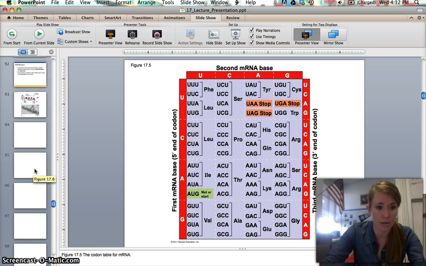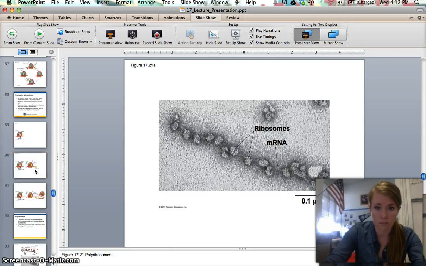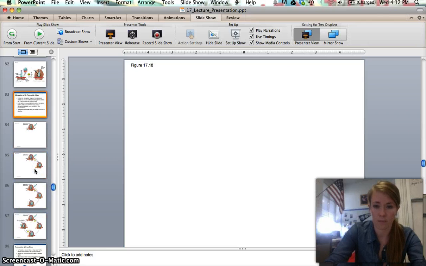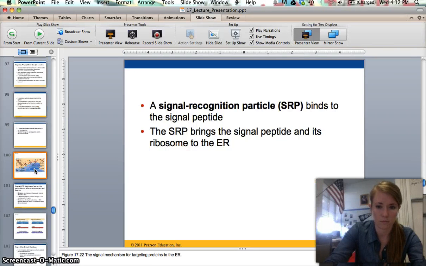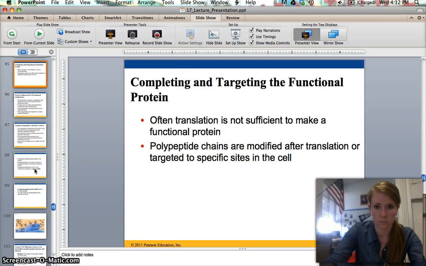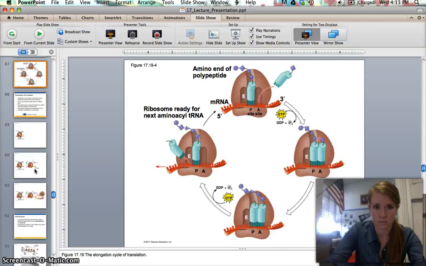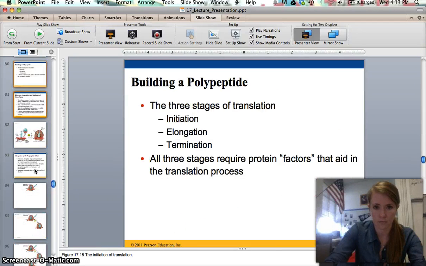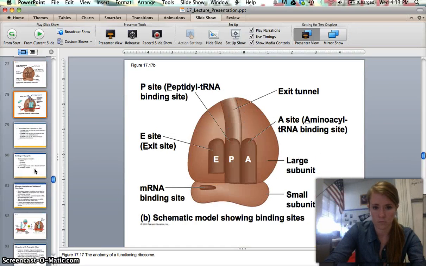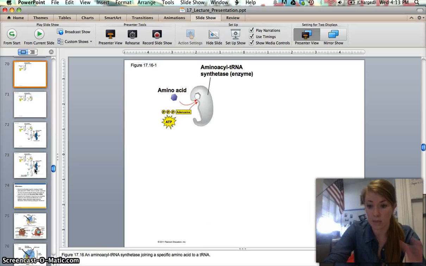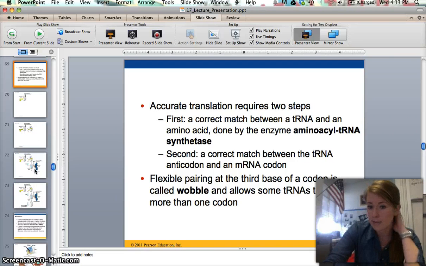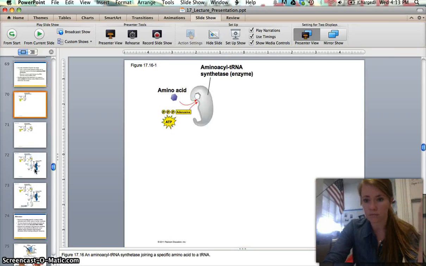And that is the wobble hypothesis. Okay, that's the wobble hypothesis. Allows some tRNAs to bind to more than one codon, et cetera.